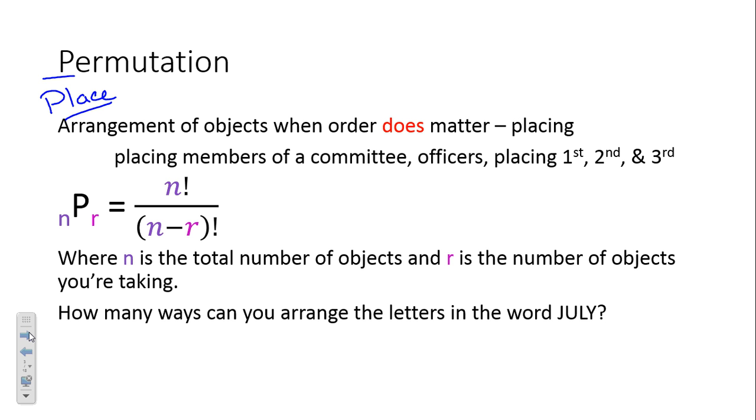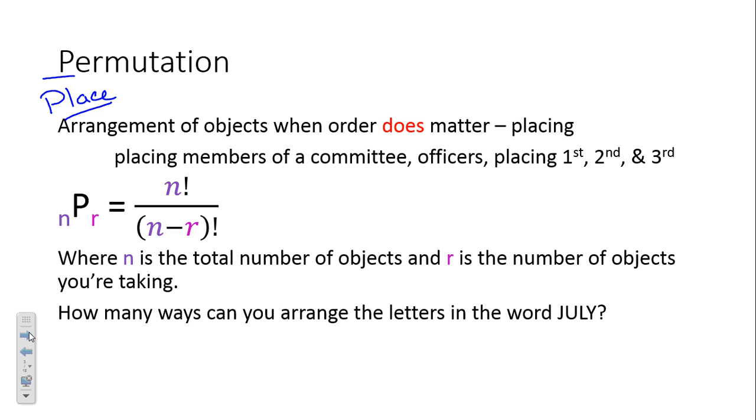nPr means that we're taking n objects and placing them r at a time. If we have 24 people in here and we're choosing 3 of you to have a title like president, vice president, secretary, the 24, the number of students being chosen from the pool, is the n, and the r is the number of people that get that distinguishing title.